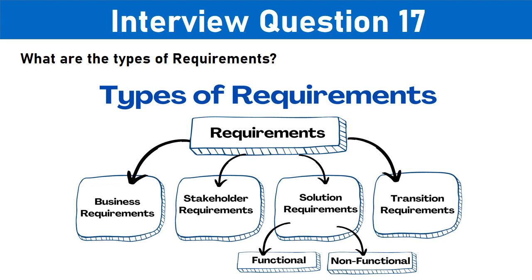Third requirement type is solution requirements. These requirements refer to the expected features and behavior of the system. Solution requirements as per the BABOK Guide describe the capabilities and qualities of a solution that meets the stakeholder requirements. Solution requirements are of two types: functional and non-functional.